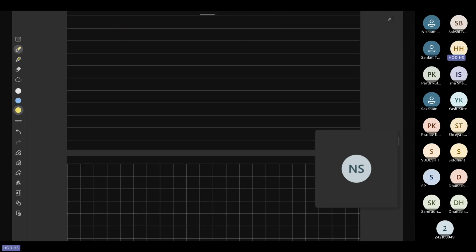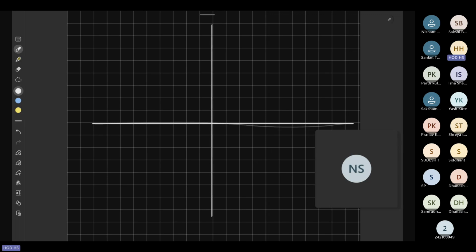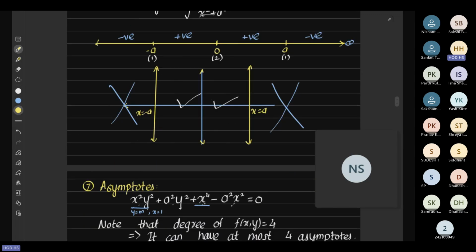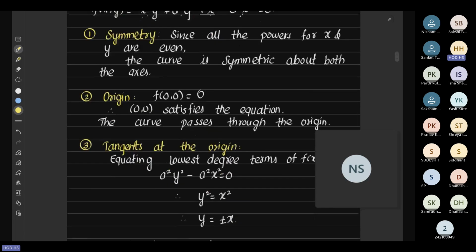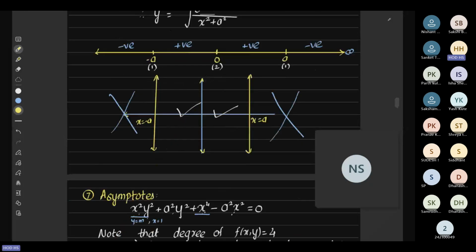And now, finally, we'll plot the graph. First, we'll start with our axes. This is our x-axis, and this is the y-axis. Now, we'll first draw our tangent at the origin, where y is equal to plus or minus x.